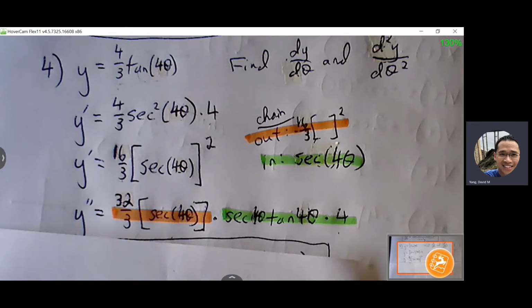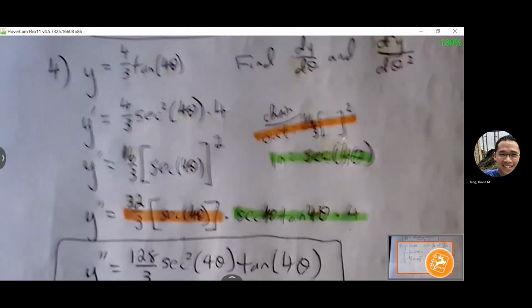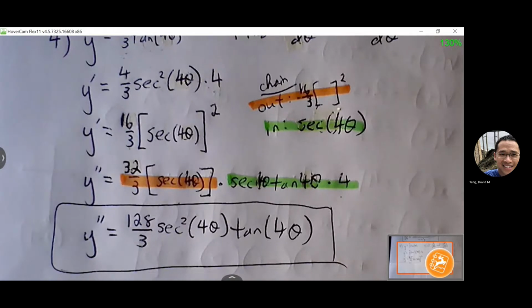We can push 2 secants together, make a secant squared. Okay, any questions with 4?